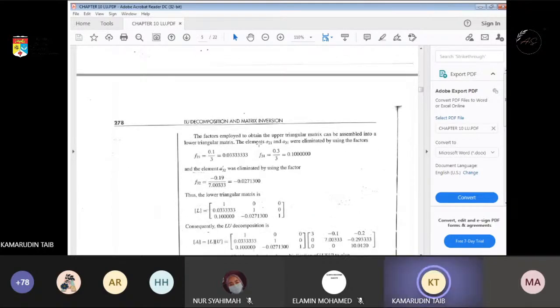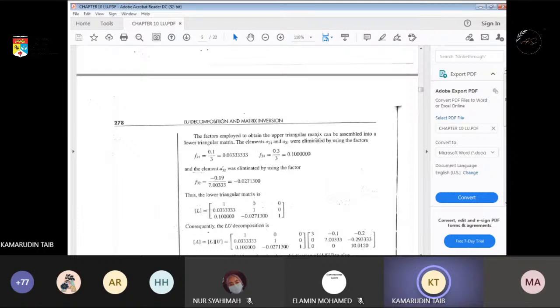So the numbers that we obtain in the upper triangular matrix, now the following step is to create the lower triangular matrix. In order to create the lower triangular, we use the numbers employed in the upper triangular matrix.